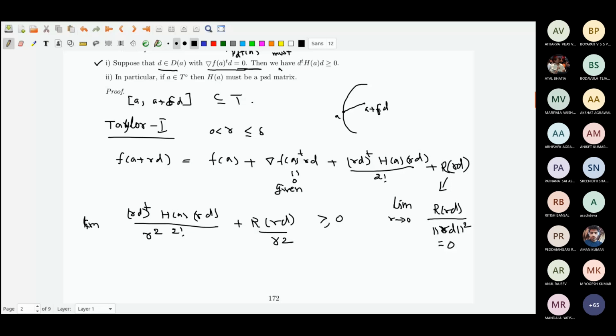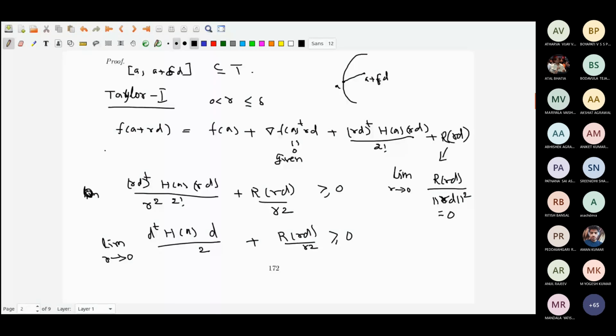Here you will get D transpose H(A) D divided by 2 plus R(RD) by r square, which is greater than or equal to 0. Now take the limit as r goes to 0. The limit is this one only, D transpose H(A) D by 2.